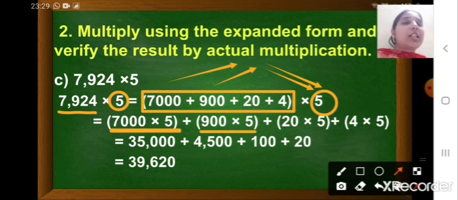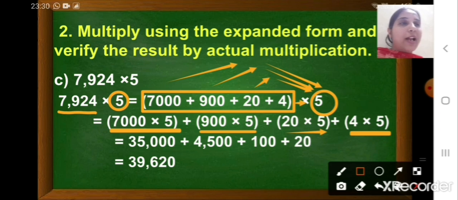Then this 20 multiplied by 5, that again you can see here, and then 4 multiplied by 5 that you can see here. Now we'll write the product of each term when we multiplied it by the multiplier.